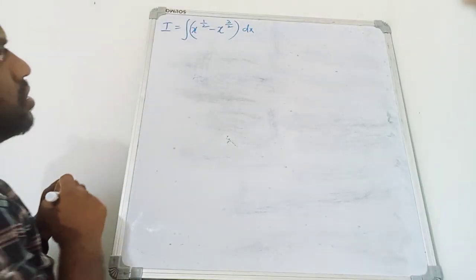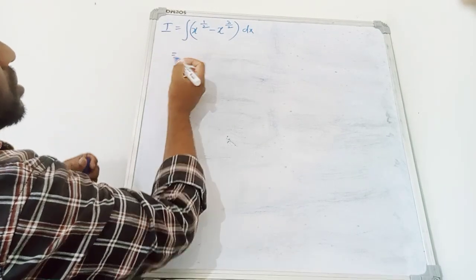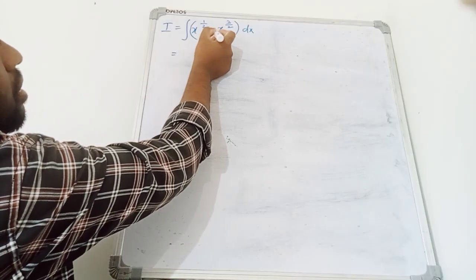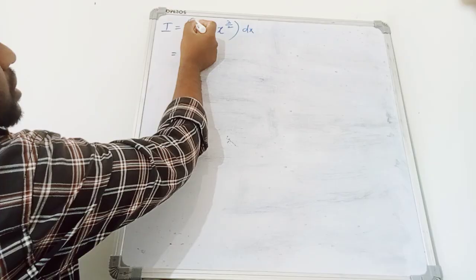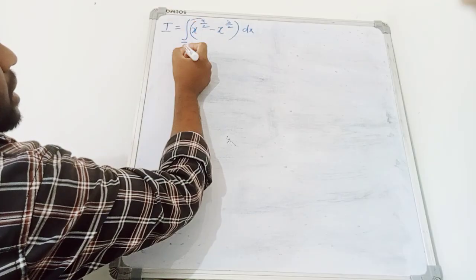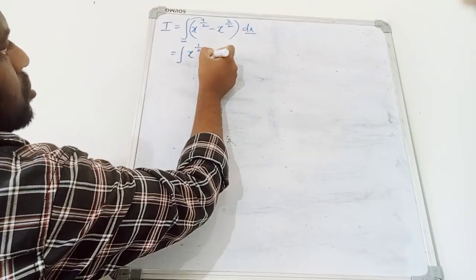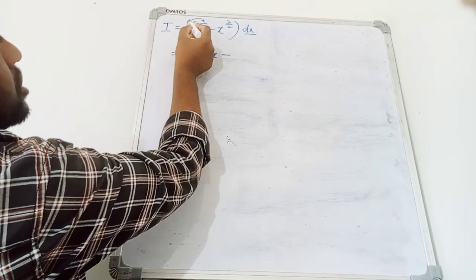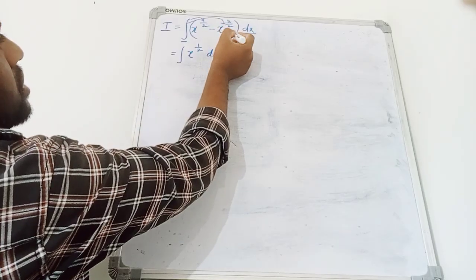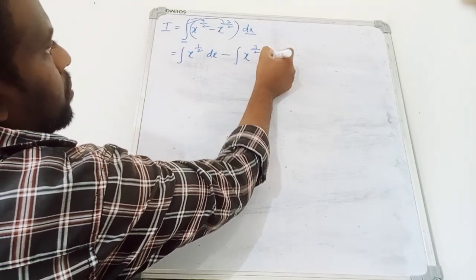So what is the next step? Because of this minus symbol you can split this integration. Take first x to the power of half dx separately, next minus, take the integration of x to the power of 3 by 2 dx separately.